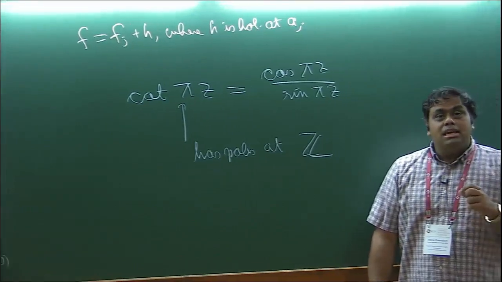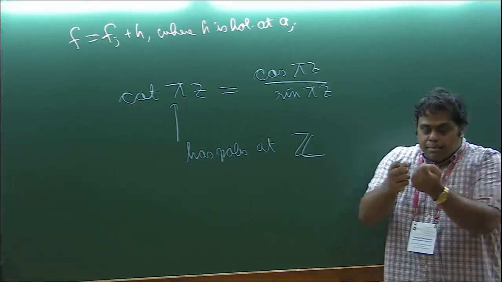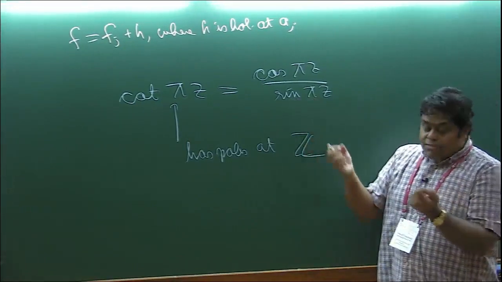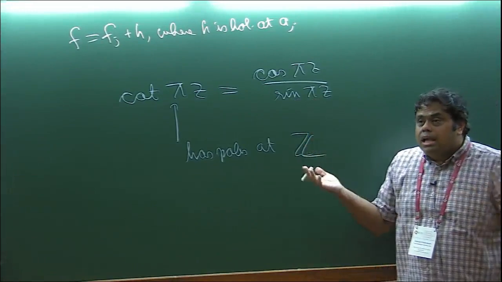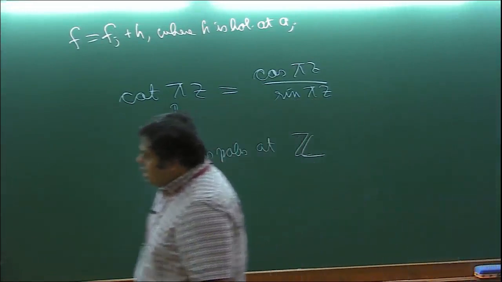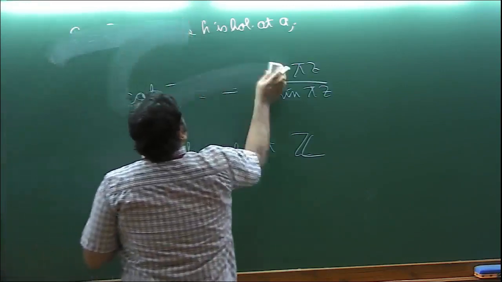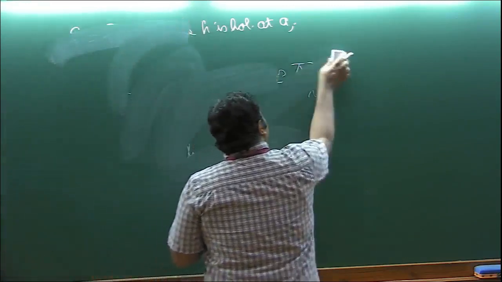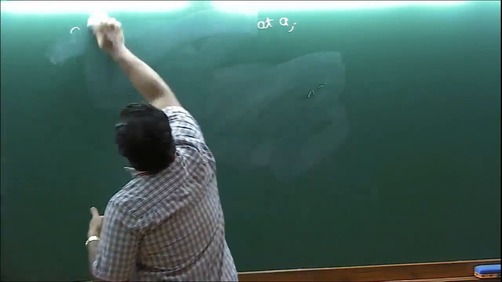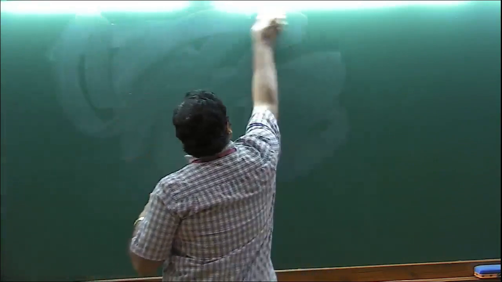So what we are asking here is sort of a reverse question. I'm given the poles and I'm given the behavior of the function near each pole. Can I reconstruct it? And as you know, this can be done, but we are going to do it in a slightly different way, which will show the importance of the equation. I think I should reinstate this f here.